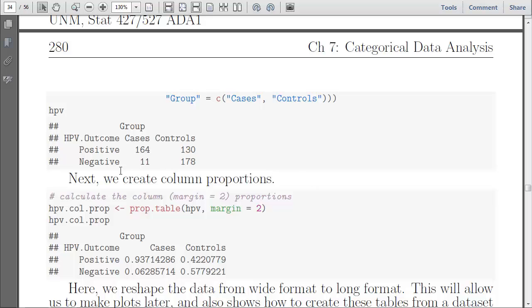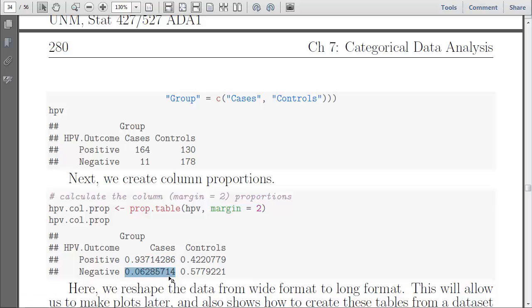All right, so now we can use prop.table to calculate proportions, and there are different ways of calculating proportions. If we just do prop.table of HPV, I believe it makes all the numbers in the table sum to 1, but we actually want margin equals 2. Margin equals 1 would be that proportions along rows sum to 1, but margin equals 2 makes numbers along columns sum to 1.